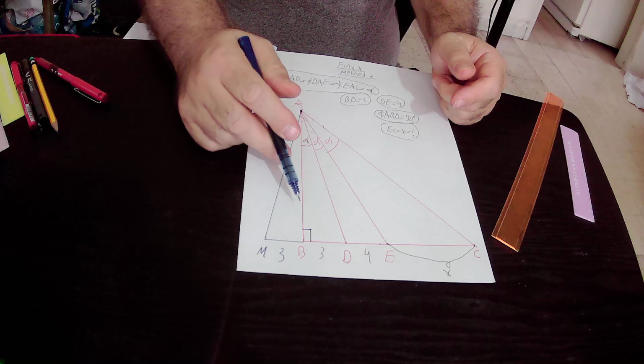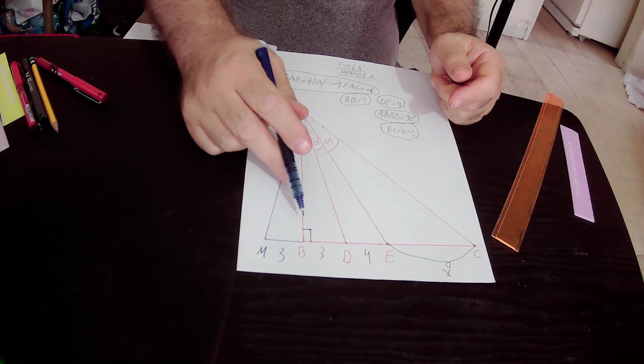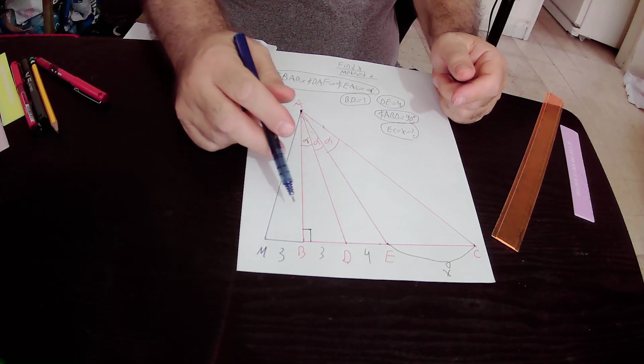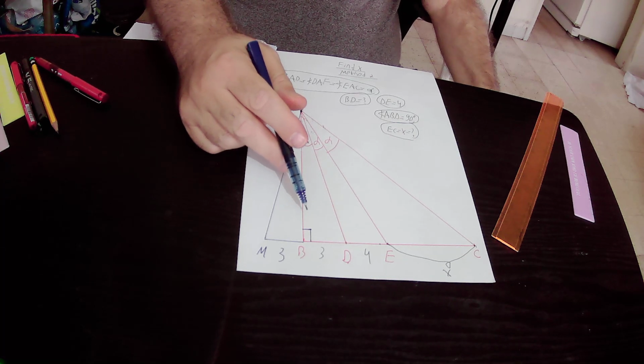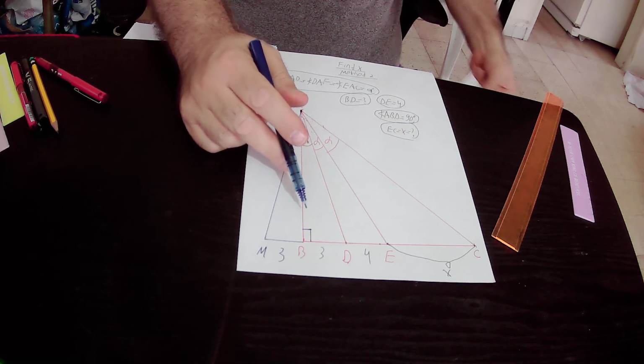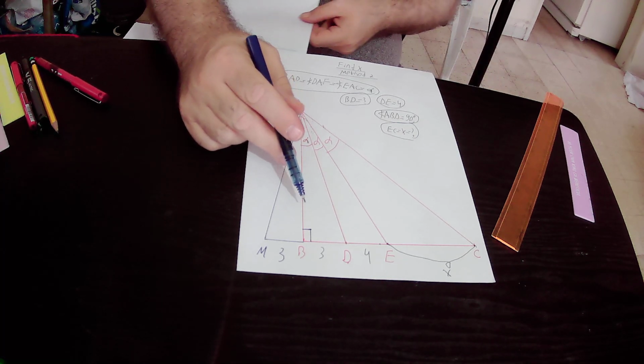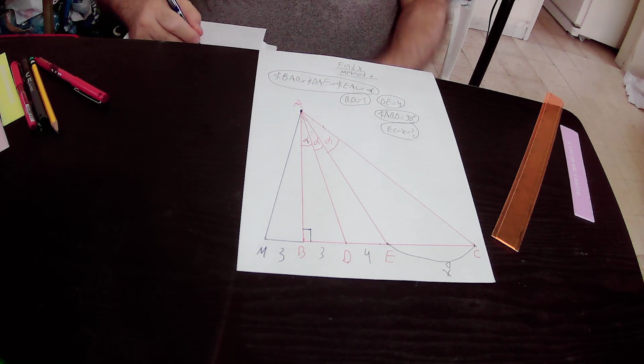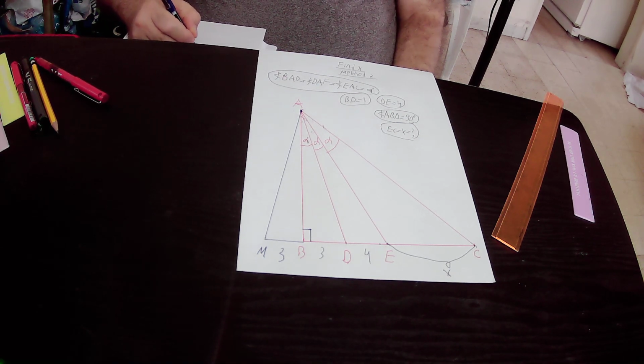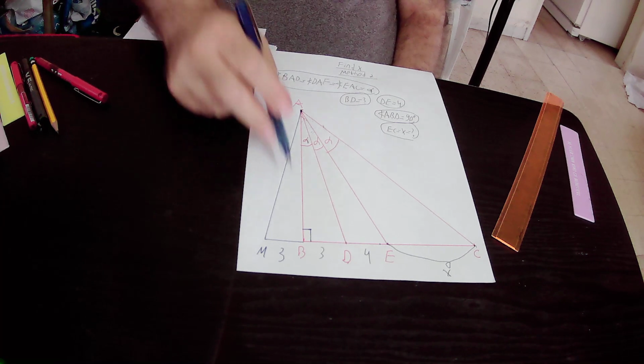So, which angles we have at point B on the straight line MD? At point B we have angle ABD that equals to 90 degrees according to what is given in the question. And we also have angle ABM.